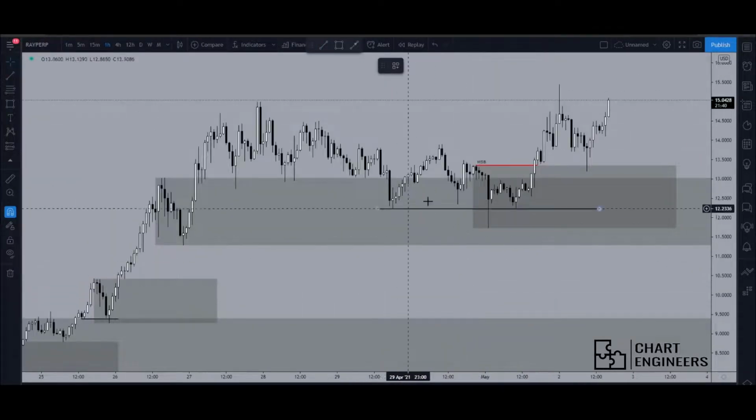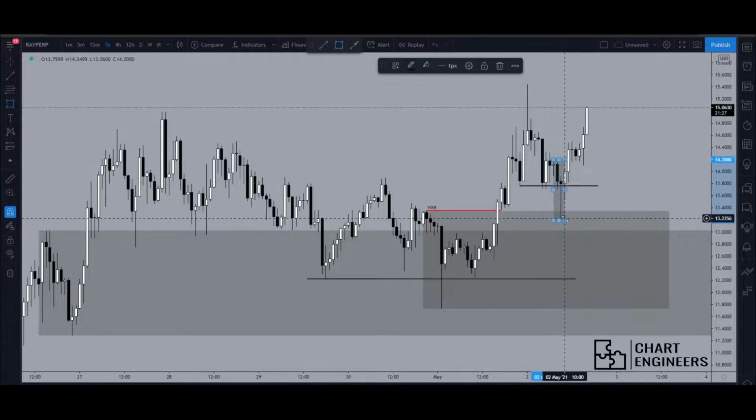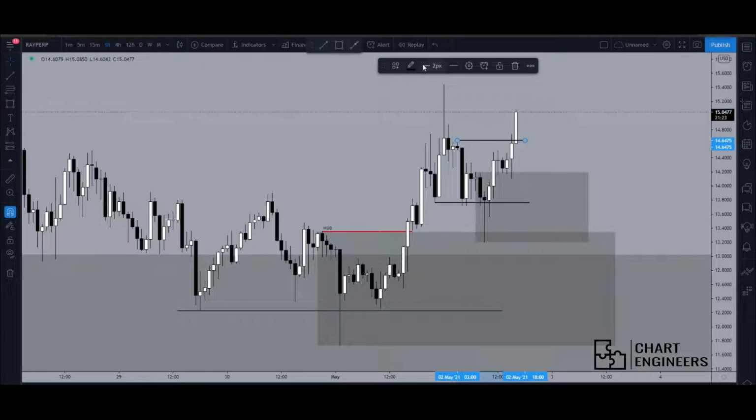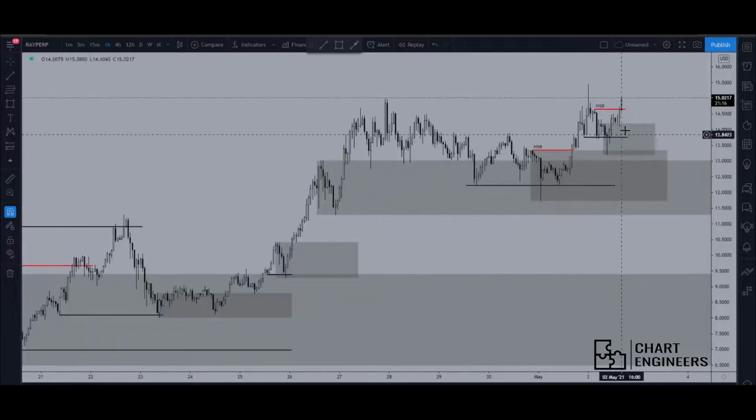So the market pushed up, and it's now just wicked into it, and it does look like we might be creating another 1 hour breaker zone here. We just need that MSB to come from here. So then this gave 1 entry, 2 entries, 3 entries, and now potentially a 4th.